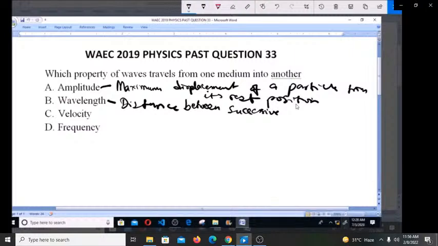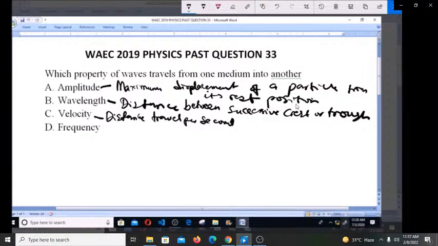We are going to show this in a diagram so that you understand. Then what is velocity? Velocity is the distance which the wave travels in 1 second. So the distance traveled by the wave per second.